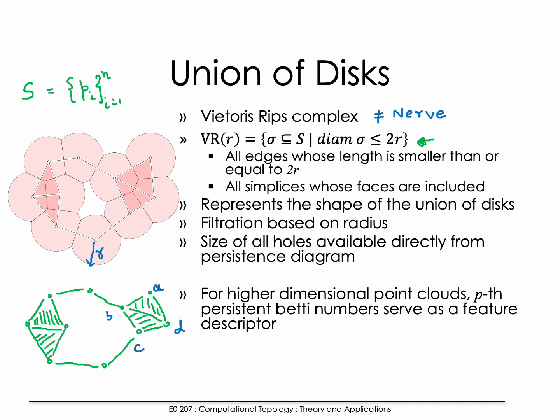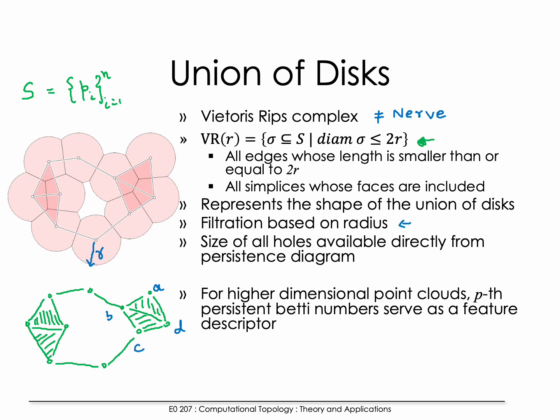As you keep increasing r, we get larger and larger complexes, VR of r, and that gives us the filtration. And we can compute the persistent homology and record it in the persistence diagram. So all holes together with their size are captured in the persistence diagram.